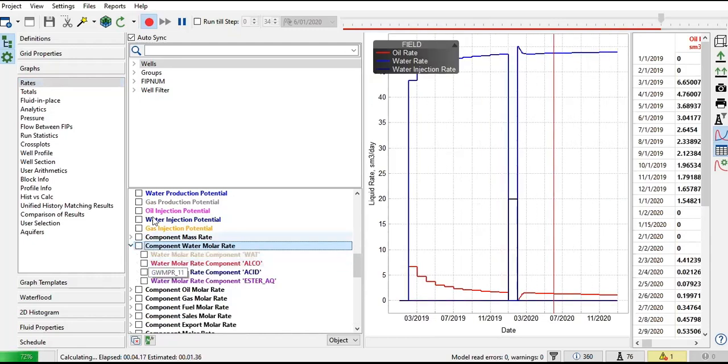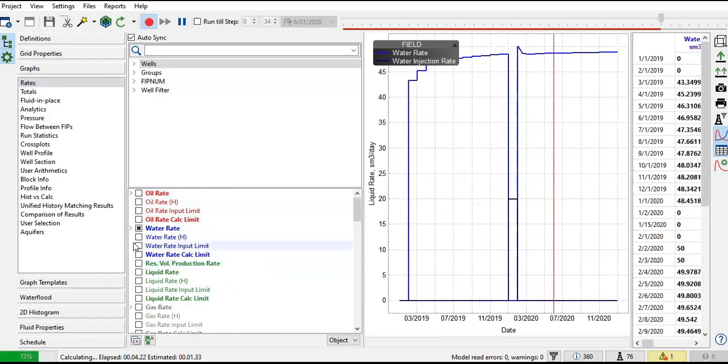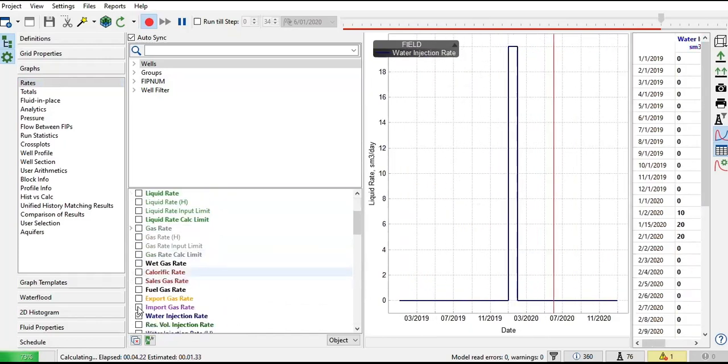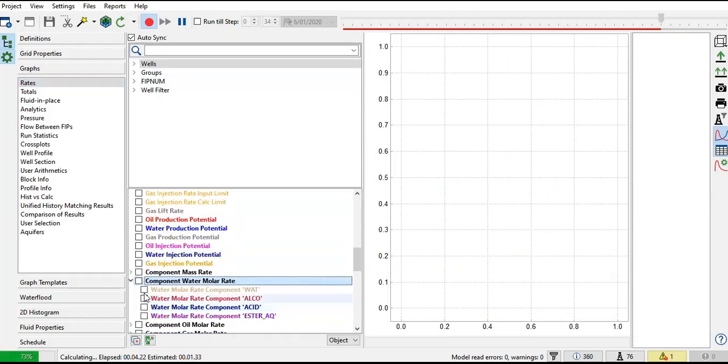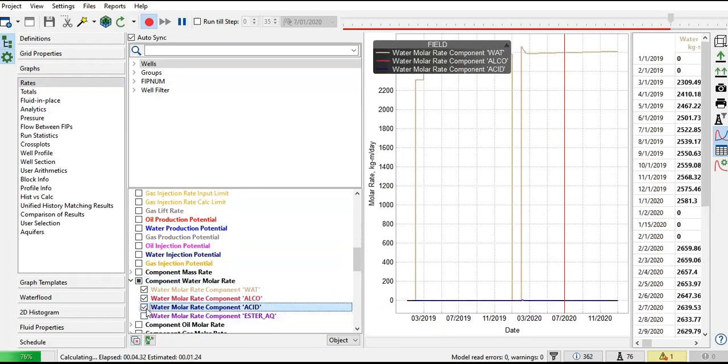Okay, you can show, uncheck everything first. You can show the water and then alcohol and then acid and then ester aqueous phase. Okay.